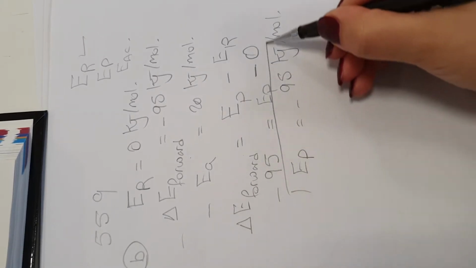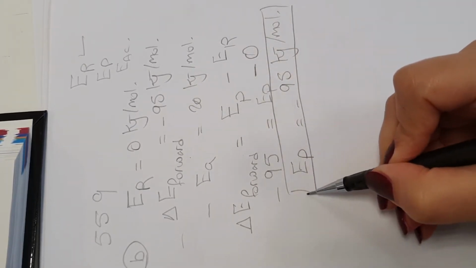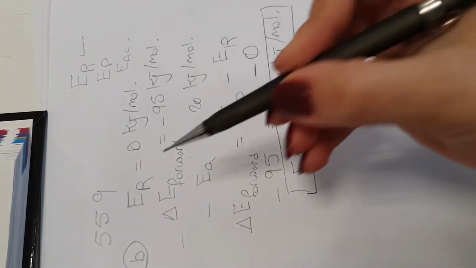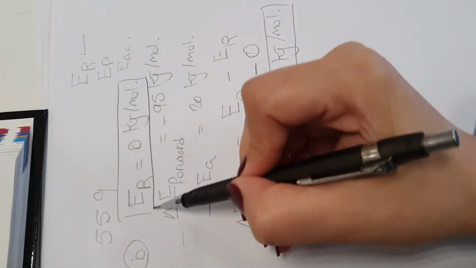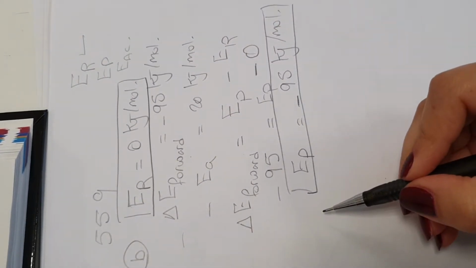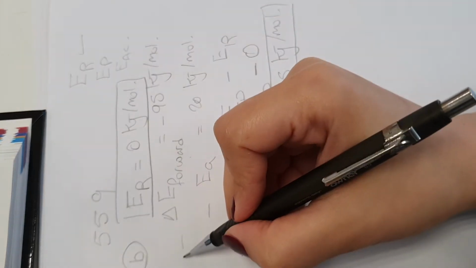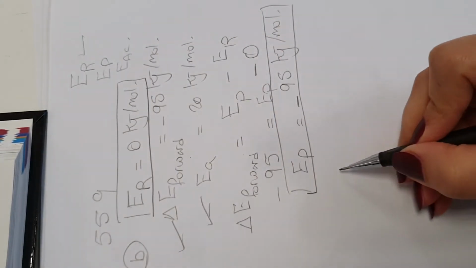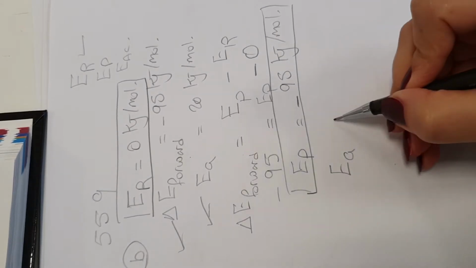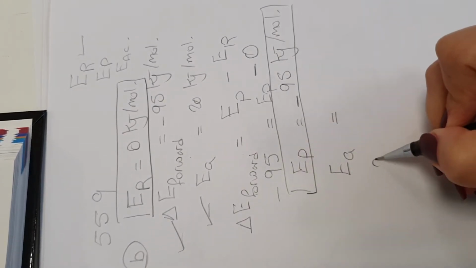I will put it in a box here. What else do I have? Energy of reactants. Okay, activated complex left. So I use the activation energy he gave me, equal to 20.